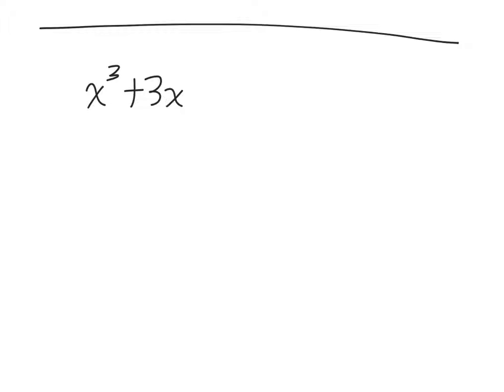Okay, one last thing to show you about grouping. It's similar to what we looked at a few moments ago. This problem has x cubed plus 3x squared minus 5x minus 15.